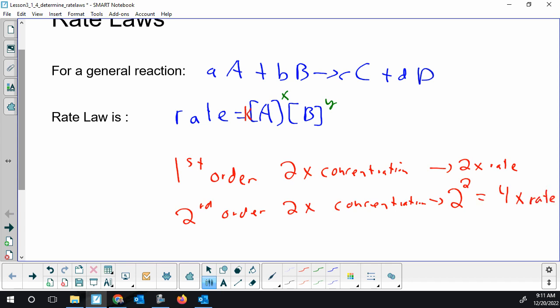So most of the questions you're going to be able to solve by inspection. You won't have to write out equations and do math. But I'll also show you how to solve it if the concentration goes up 0.674 times. That won't be as obvious to look at the rate and the ratios.